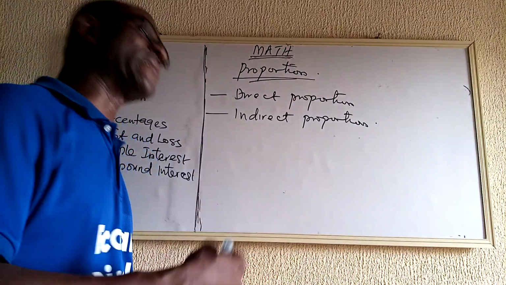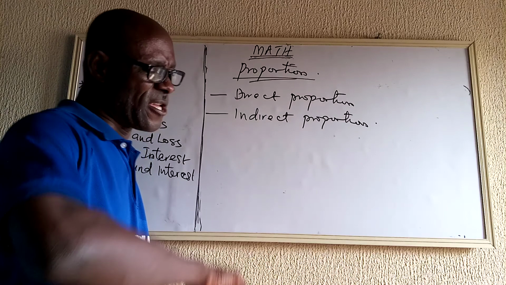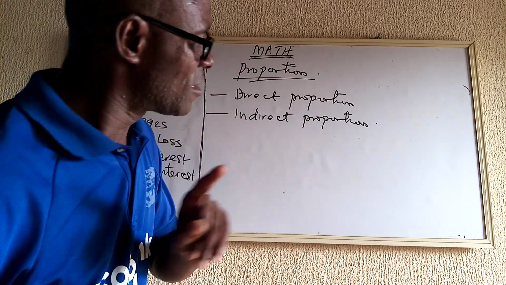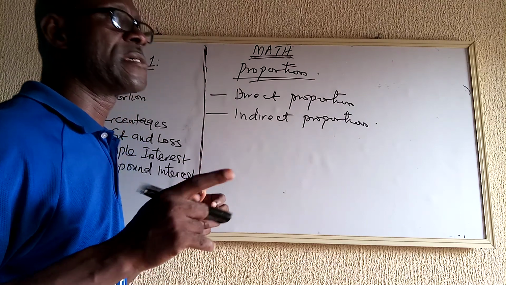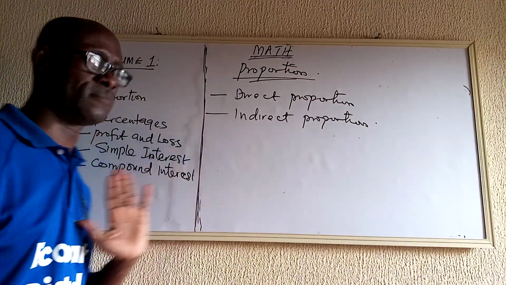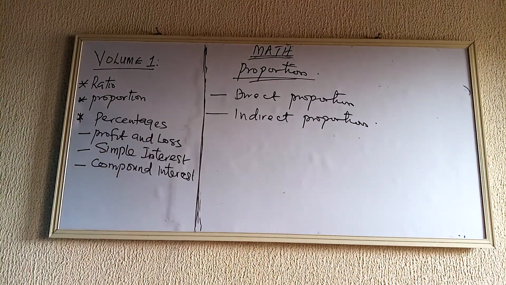And if the first is decreasing, the other also must decrease. Such a proportion is termed direct proportion.